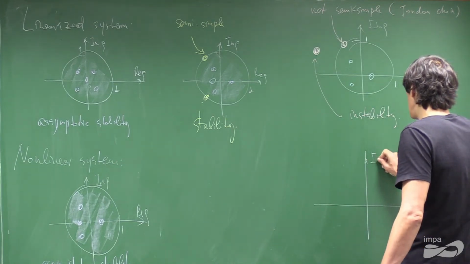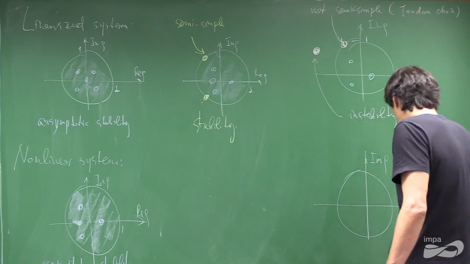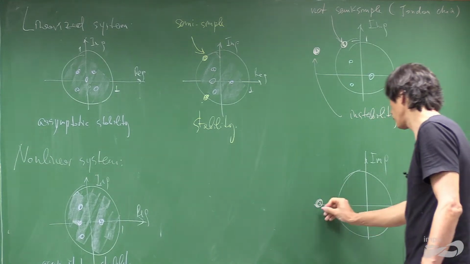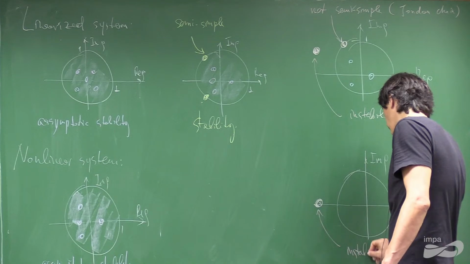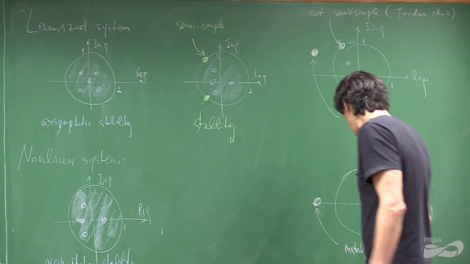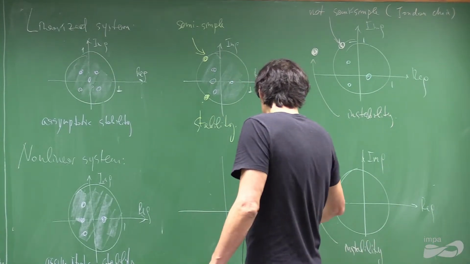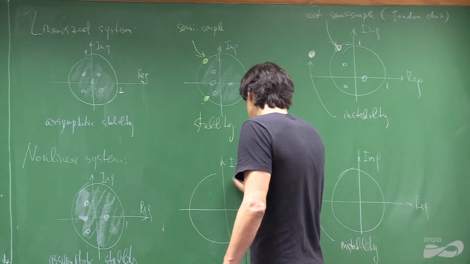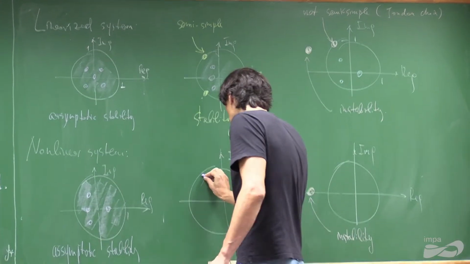So what we can guarantee is that whenever there is an eigenvalue outside the unit circle, we have instability. And all the rest falls into the intermediate case, when everything is inside the unit circle.